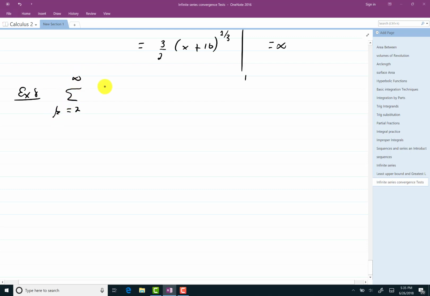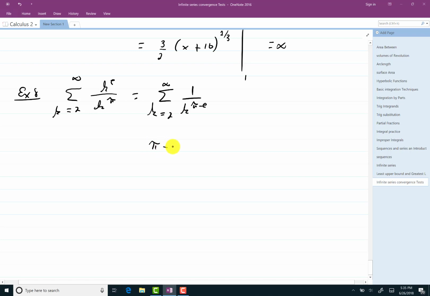Here I have k to the e all over k to the pi. Well, if I rewrite that, the sum from k equals 2 to infinity of 1 over k to the pi minus e, now it just matters whether this is less than or equal to 1 or greater than 1, and then we'll be able to determine whether it diverges or not.